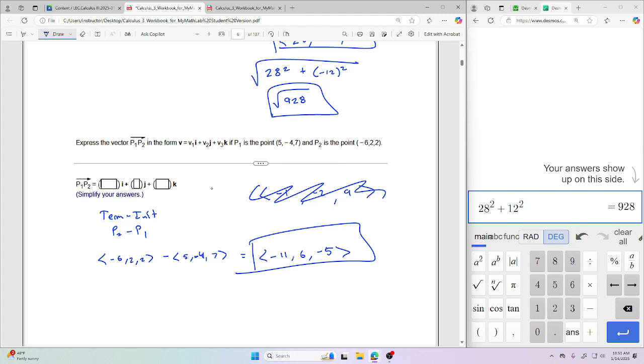And notice you were saying I, J, and K. So I didn't touch on that, but the true answer for them is going to be with I, J, and K. Obviously, they have 3 separate boxes, so it doesn't matter right now. But they use I, J, and K to kind of just delineate A, B, and C, X, Y, and Z, that kind of thing. Notice that there's a difference. Whenever I say I component, I have a little hat on it, versus a vector has a little arrow on the top.